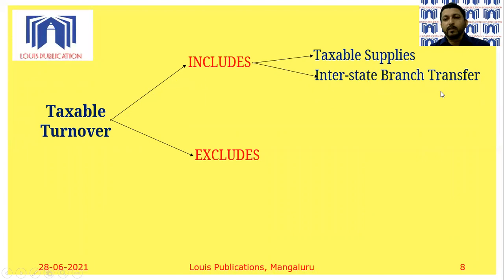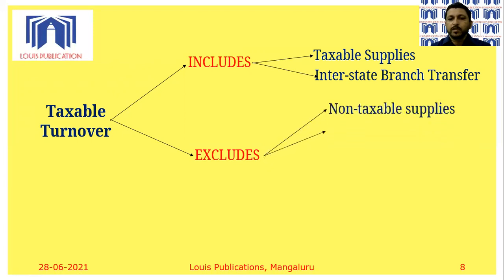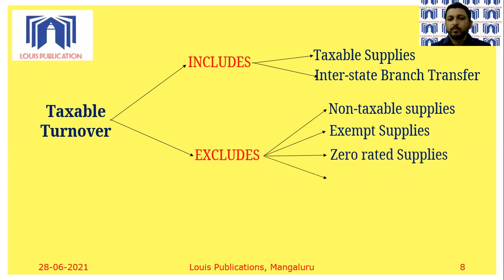Now, an interesting point that we have to note: your zero rated, nil rated, non-taxable supplies and exempt supplies are all excluded from the concept of taxable turnover. Let's look at the list. Non-taxable supplies, whether we talk about exempt supplies, zero rated supplies, or nil rated supplies, are all excluded from the concept of taxable turnover.